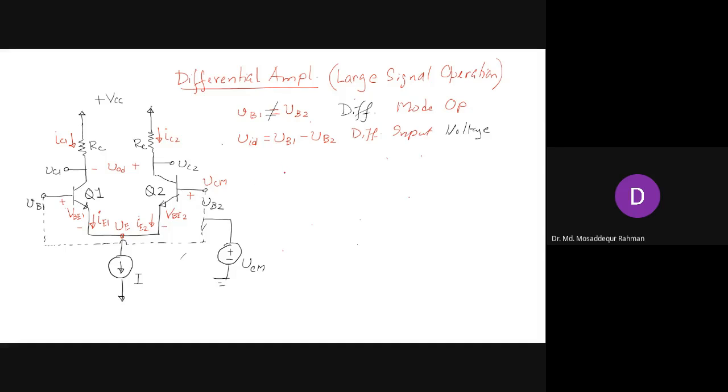So in this case, the signal is large. What happens now?